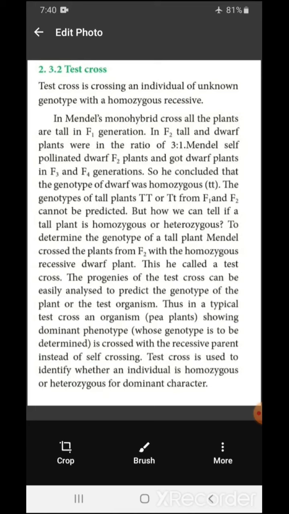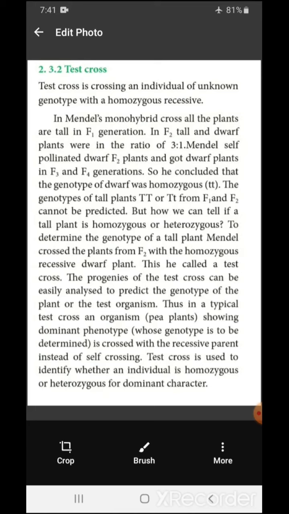For example, capital T is a tall plant, a single character. Small t is a dwarf plant, another single character. So, the cross between single contrasting characters is known as monohybrid cross. It is based on the law of dominance.